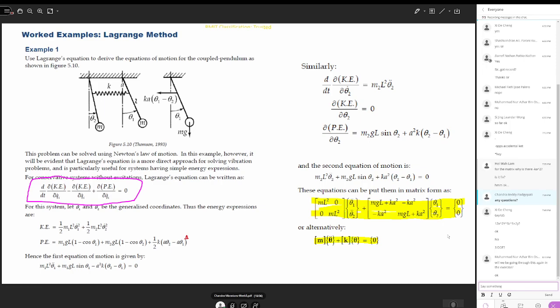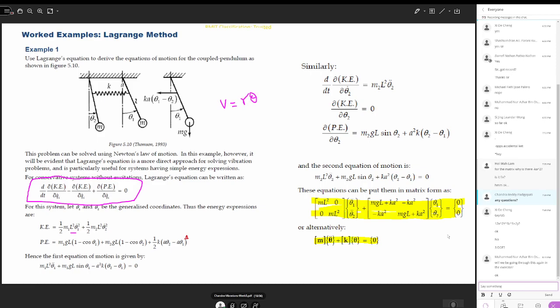Now to apply this, first we write what the kinetic energy in the system is. The kinetic energy due to the mass is half m v square, where v is equal to r into theta dot.